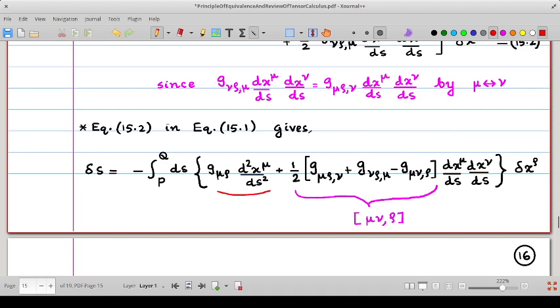So here this factor times delta x. Now we see that this factor of half times g mu rho comma nu plus g nu rho comma mu minus g mu nu rho is nothing but the Christoffel symbol of first kind mu nu comma rho.